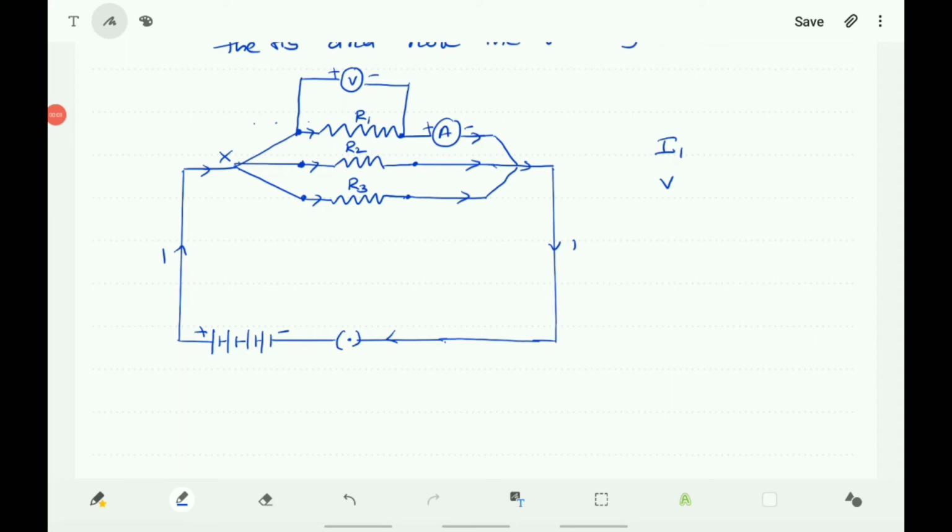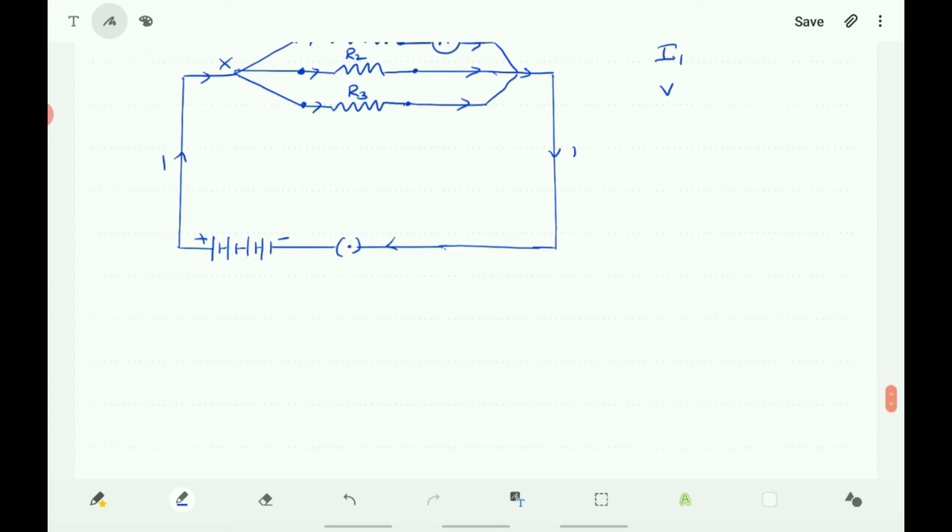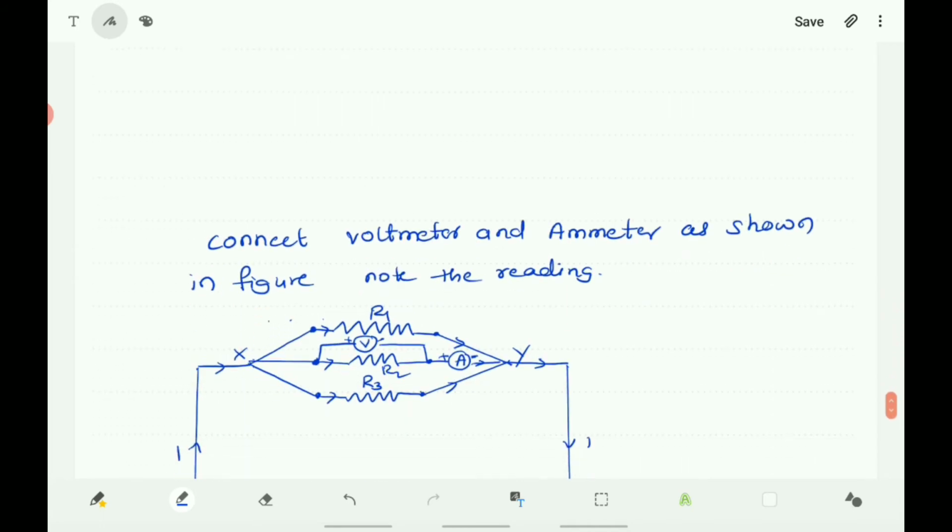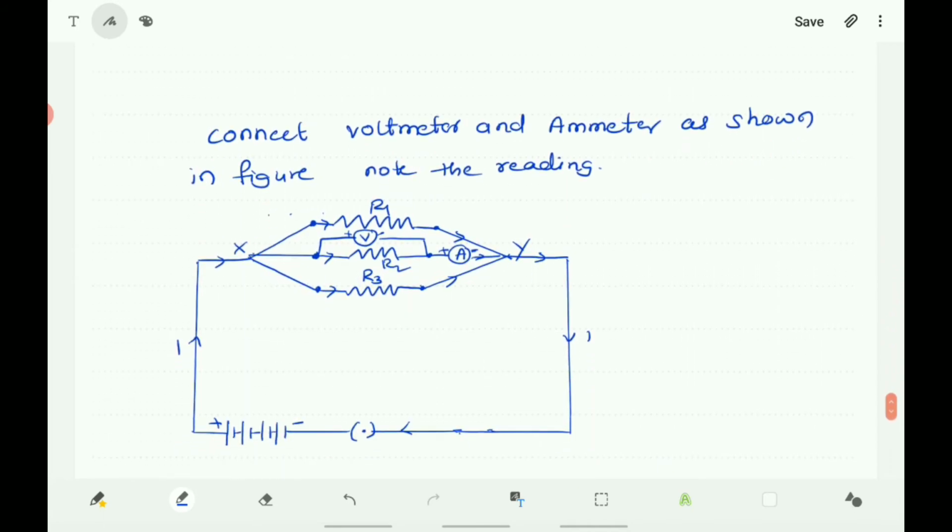After recording the reading, remove the plug from the key, disconnect the ammeter and voltmeter from this circuit, and insert the ammeter in series with R2 and the voltmeter in parallel across the ends of the resistor R2.